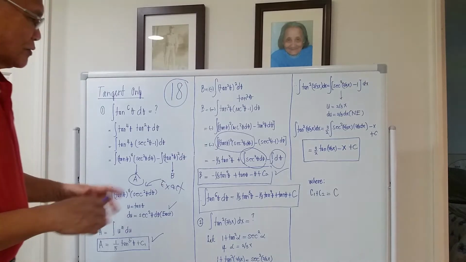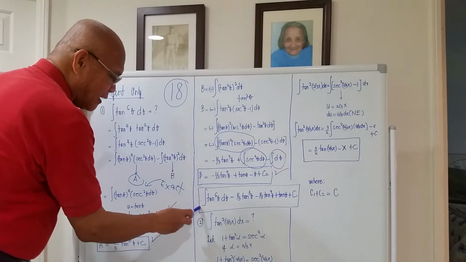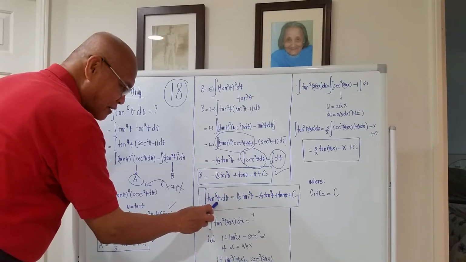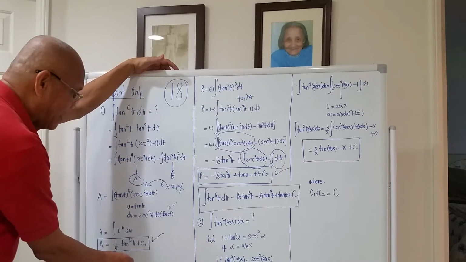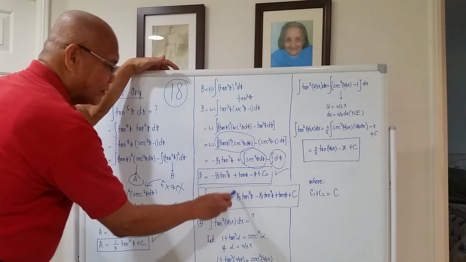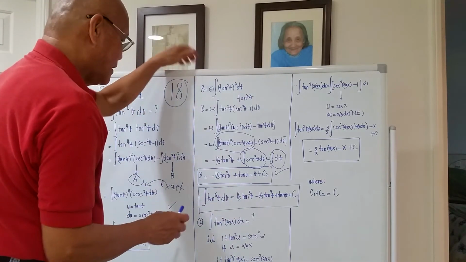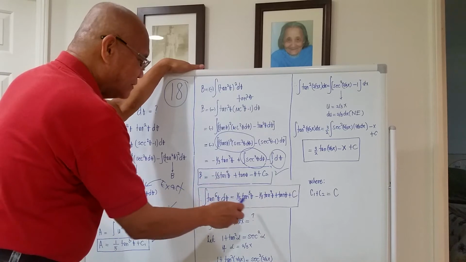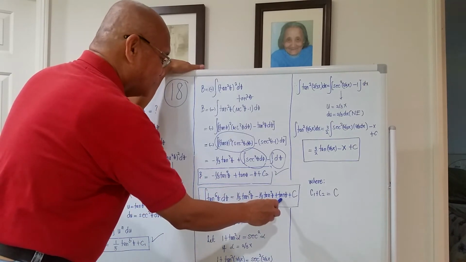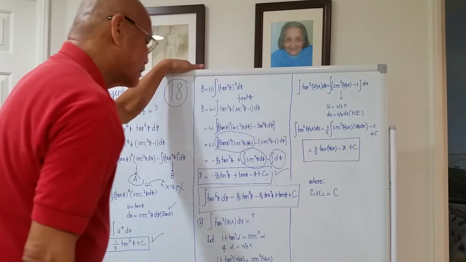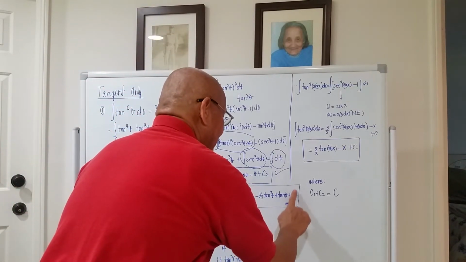So as a final answer, therefore, the integral of tangent to the 6 of theta differential theta equal to, we will copy the value of A, 1/5 tangent to the 5th of theta, minus 1/3 tangent cube of theta plus tangent of theta, we are lacking something over here.